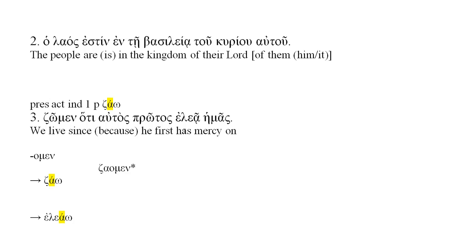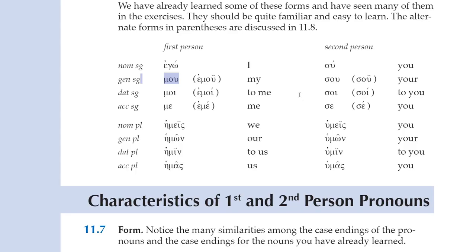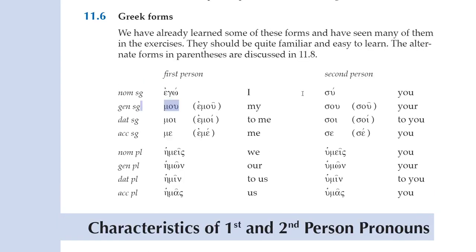So he first has mercy on, and then we have hemas, and that is our first person plural pronoun. Let's go take a look at that. So again, we're on page 92. I recommend just copying some of these charts out or writing them out for yourselves until you learn them. And we're looking for hemas, so that's first person, and that is accusative plural. So we know that it's accusative, which we're expecting because it's the direct object of our verb, eleao.